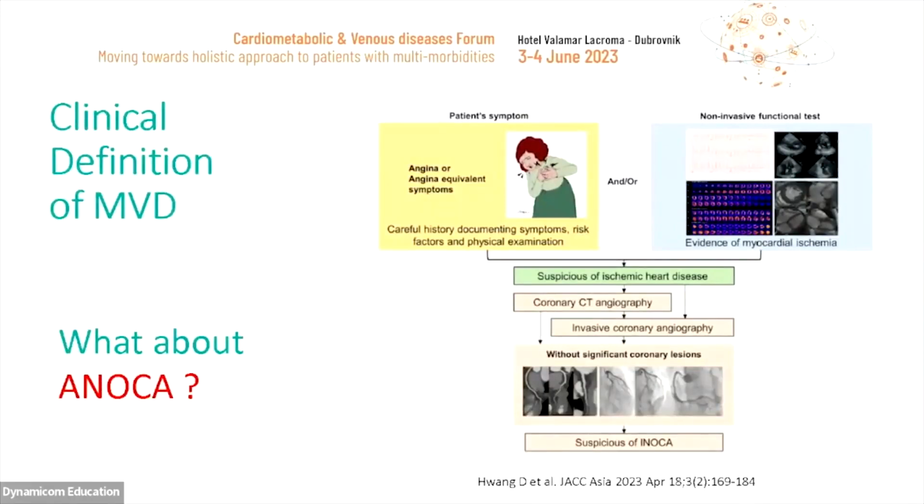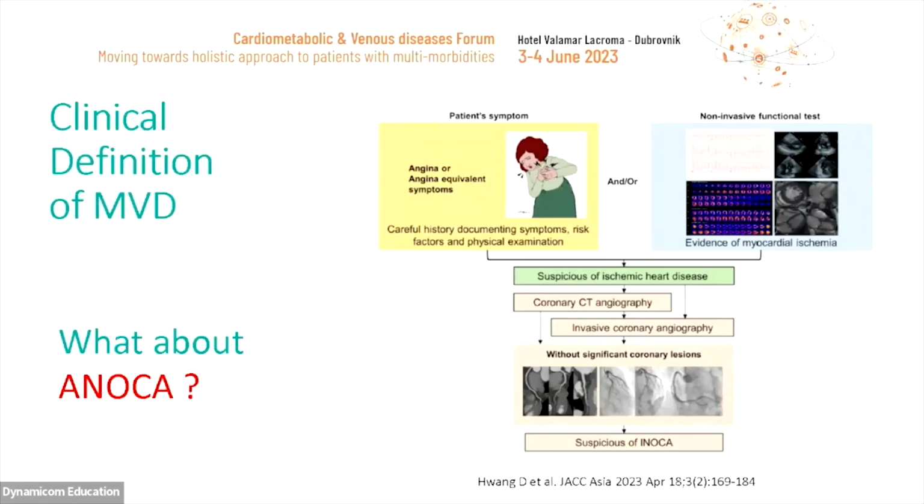The clinical definition is what we, those that don't do the invasive testing, use. For instance, you have the woman with angina, and non-invasive functional testing indeed shows ischemia. And then you go to angiography or other anatomical tests, you show that there's non-obstructive coronary artery disease, and you're entitled to say that this is a picture of INOCA: angina, ischemia on non-invasive testing, and non-obstructive epicardial arteries.